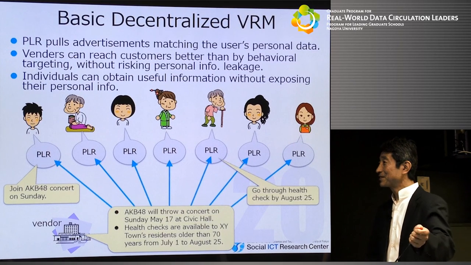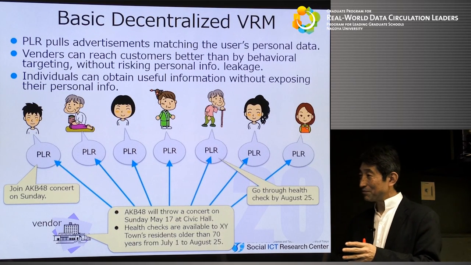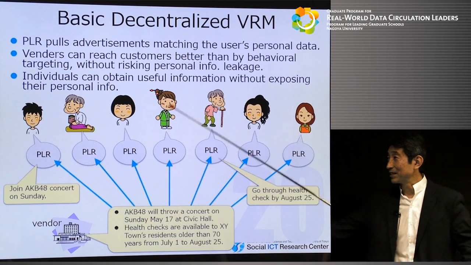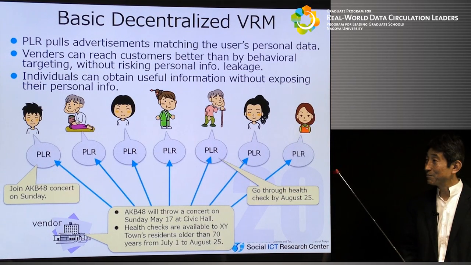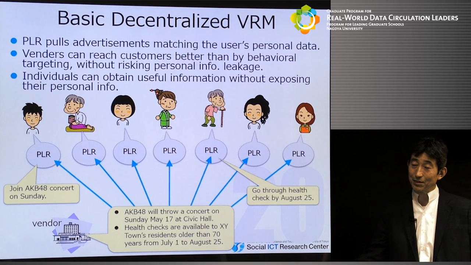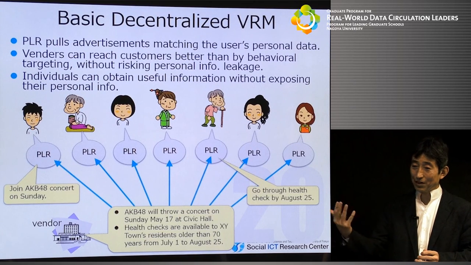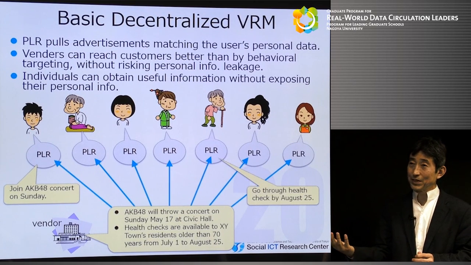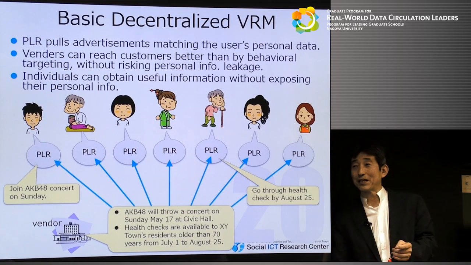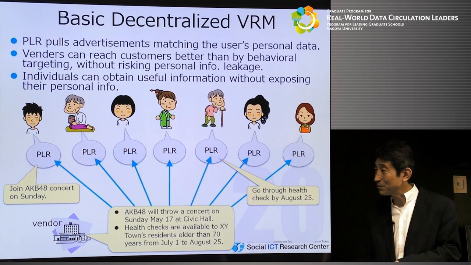And another thing is the matching between the services or products and individuals' needs is much better in the case of VRM than in the case of CRM. In the case of CRM, it is vendors who collect personal information of the customers, but that collection is utterly imperfect. Only very partial collection is possible.